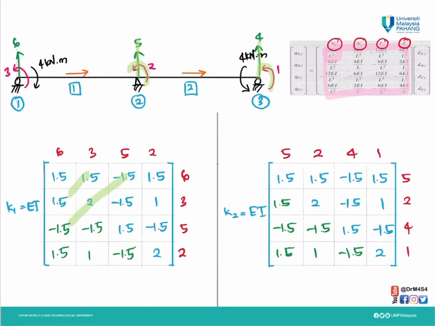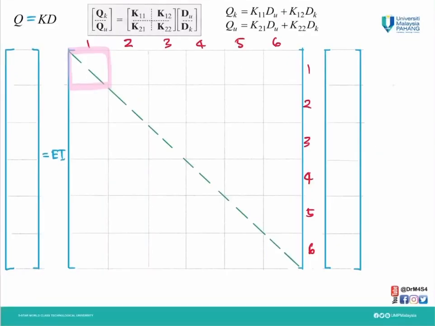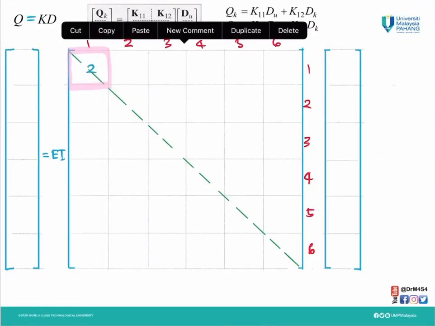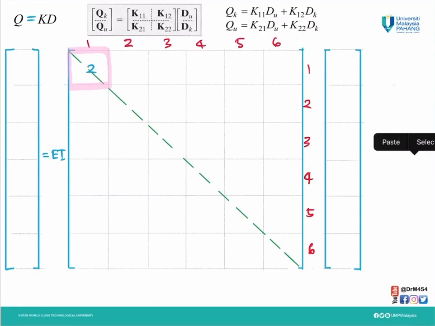From K1 there is no cell number 11, but in K2 we do have cell 11. Row 1, column 1, the value is 2. So do the rest for this structure stiffness matrix.